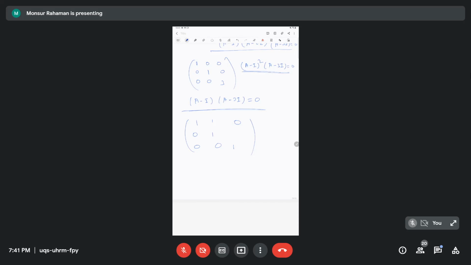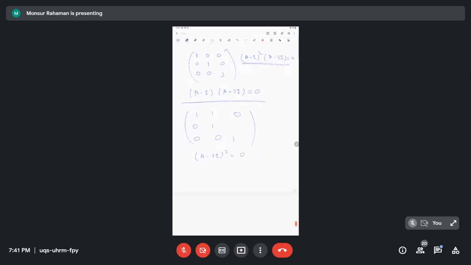Okay, so characteristic equation तो (A minus 3I) cube होगा equals to 0, but minimal polynomial will be (A minus 3I) square equals to 0. If there is one again, then it is cube, and if there is no one, then this is the minimal polynomial. And I said that in the minimal polynomial, if no root is repeated, then this is a diagonal matrix. Can be diagonalizable actually. ठीक है.